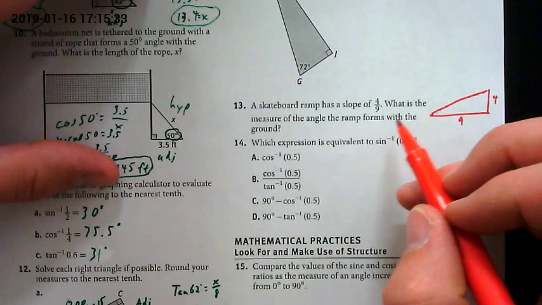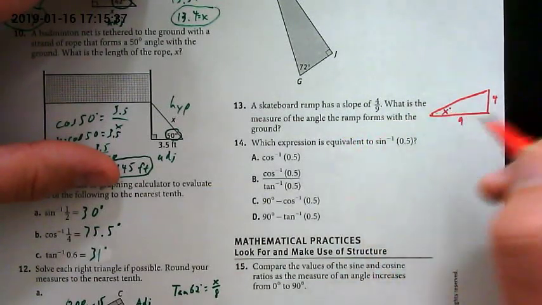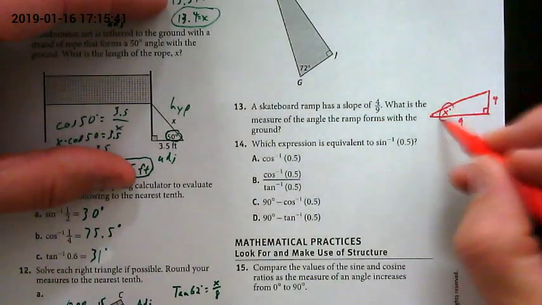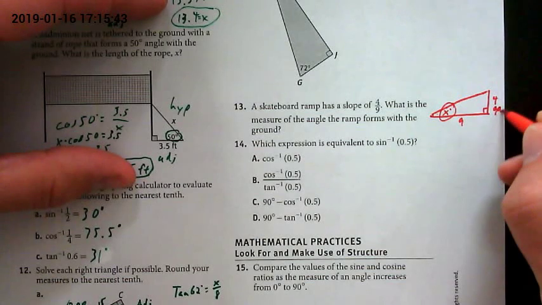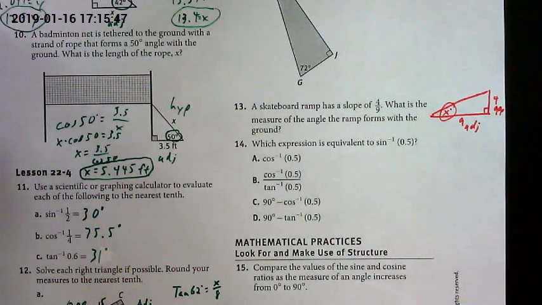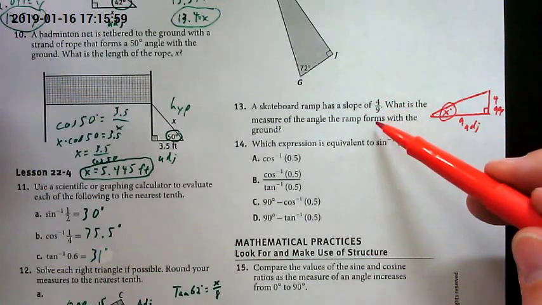So it wants the angle the ramp forms with the ground, so this angle right here. Using this angle, this would be opposite, this would be adjacent. I have a question. How can it say to assume that it's 90 degrees? Because 4 and 9, that's the vertical change and the horizontal change.